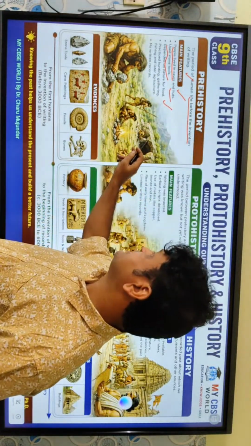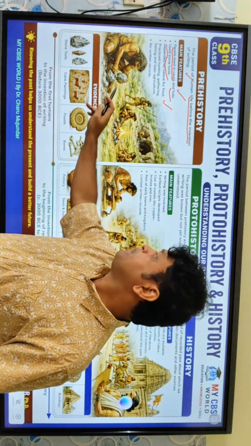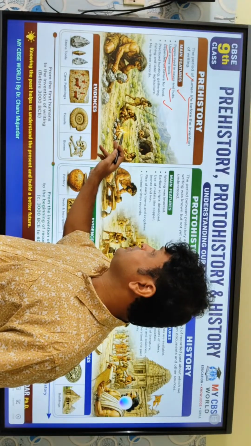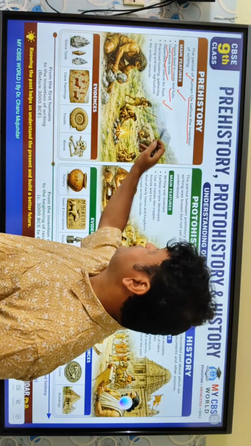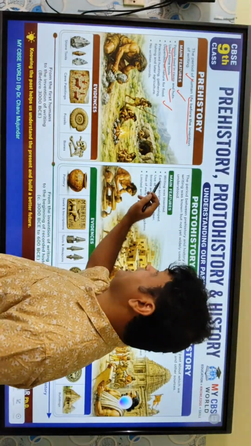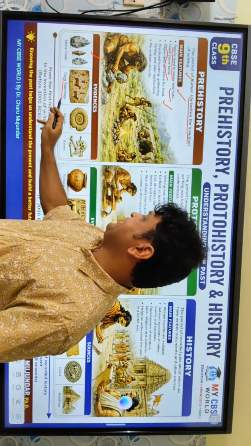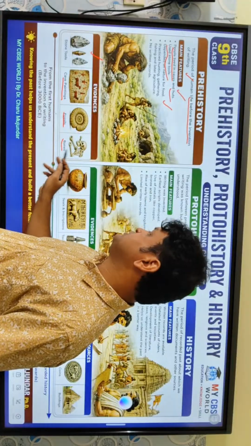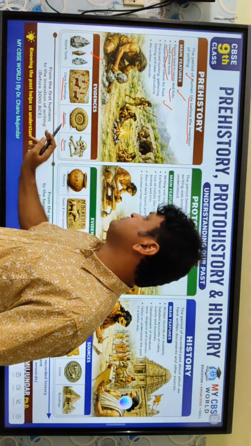If you look at this picture, you can see how they manufactured stone tools and cooked meat with fire. This is called prehistory. The evidence includes stone tools, cave paintings, and fossils like bone tools and other bones, from the first human to the invention of writing, before 3000 BC.